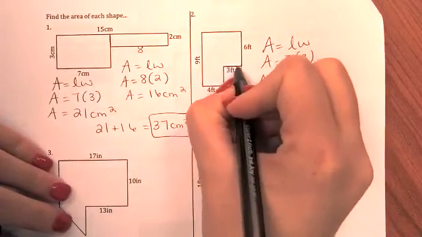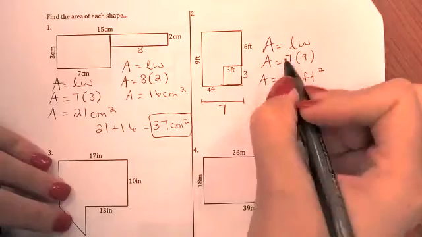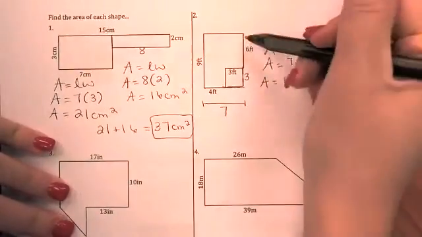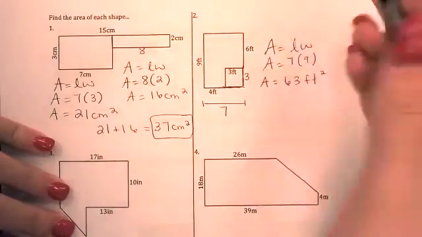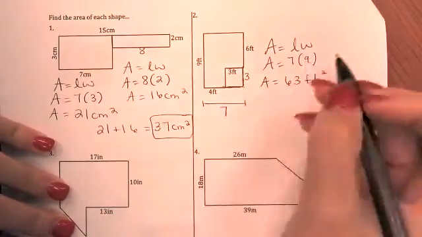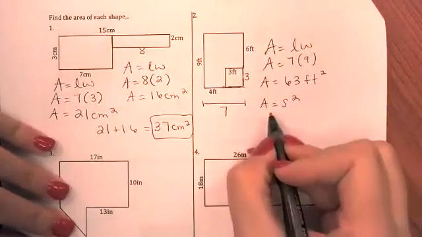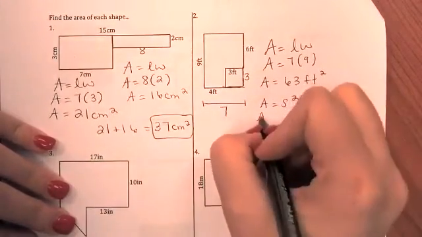So we know this side length is 3. This side length must also be 3 because again, look over here. This side's 9, this side's 6. So 6 plus 3 is what makes it 9. So this is a little square right here, a 3 by 3 square. We're going to use our area of a square formula, A equals S squared.